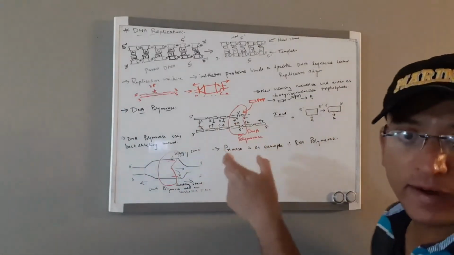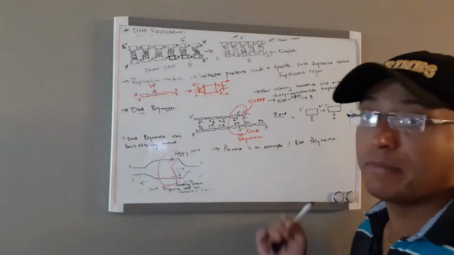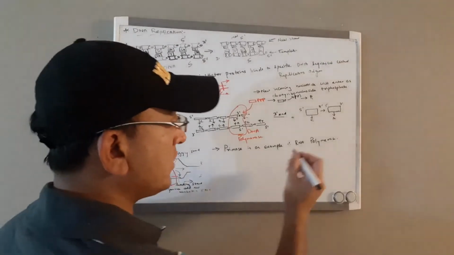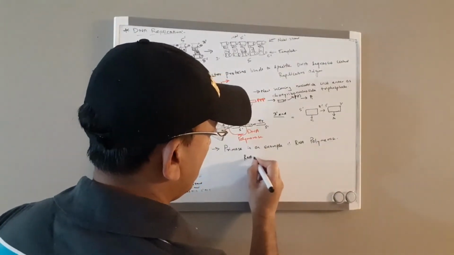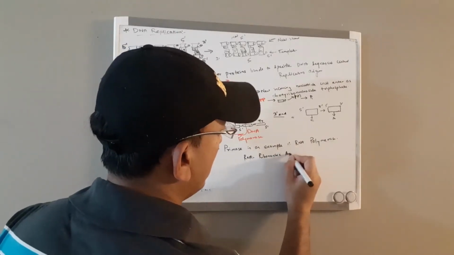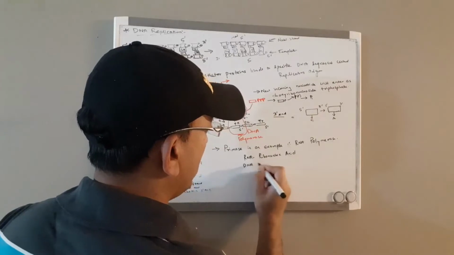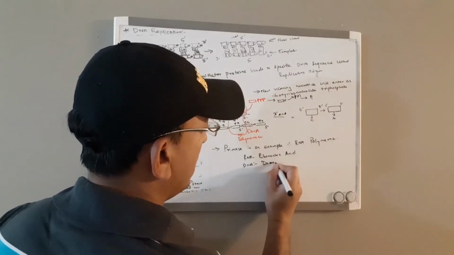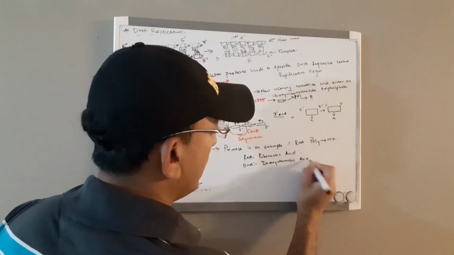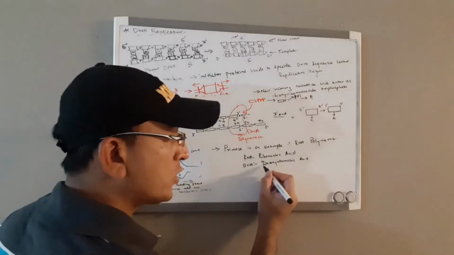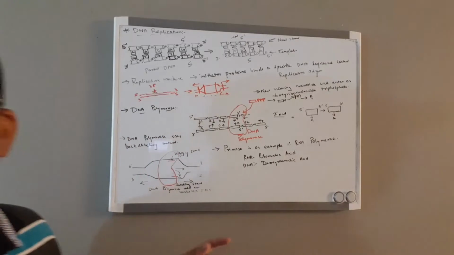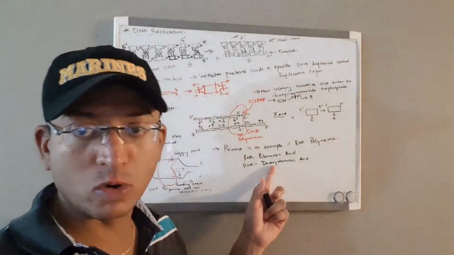So a strand of RNA is very similar chemically to a single strand of DNA, except, as I mentioned, RNA is ribonucleic acid, DNA is deoxyribose nucleic acid. The difference is, first, the sugar: DNA has the deoxyribose, and RNA has just a ribose sugar.